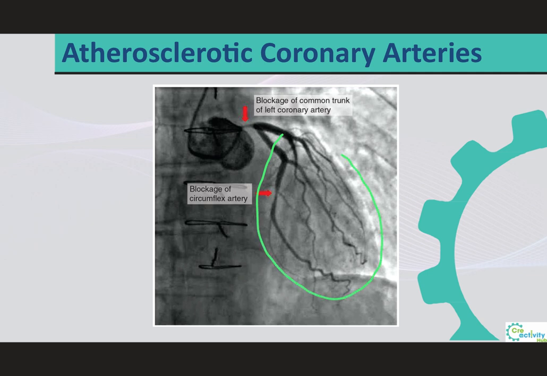We can see this would be the valve. Therefore, this is your left coronary artery. We can see right over here, there is a blockage. The left coronary artery will split into the anterior interventricular and the circumflex artery. And we can see a blockage over here on the circumflex artery as well. So this patient here, he's in trouble.